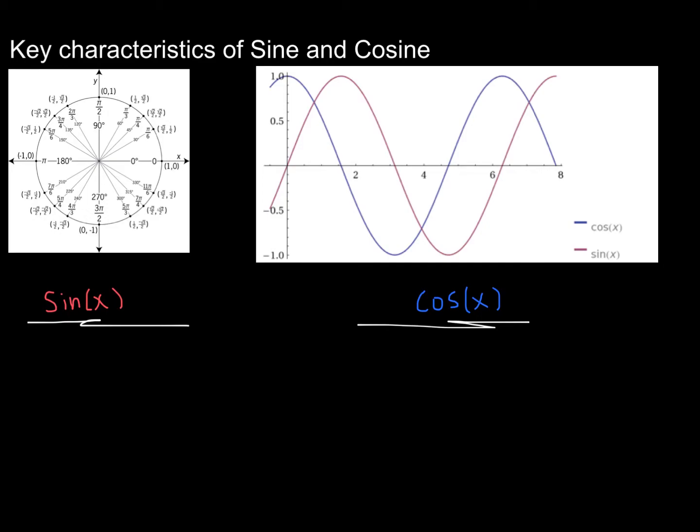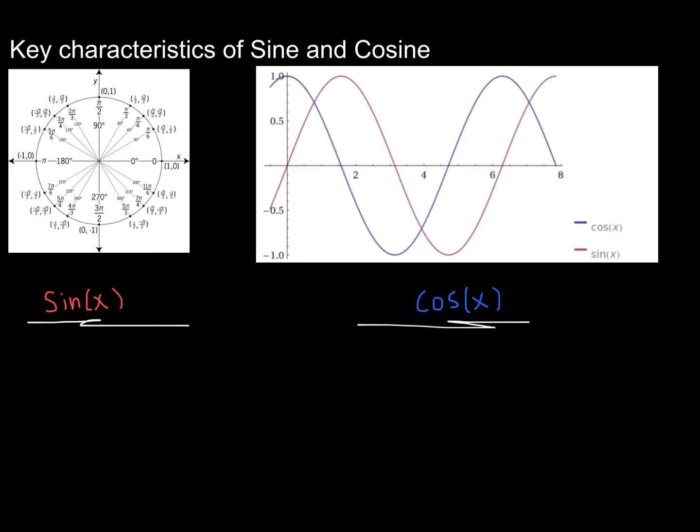All right, let's start with cosine of x. If we're looking at cosine, notice that its y-intercept is at 1, which is its maximum value. In other words, if we start right here, where we normally start if there's no phase shift, our cosine value is at its maximum.